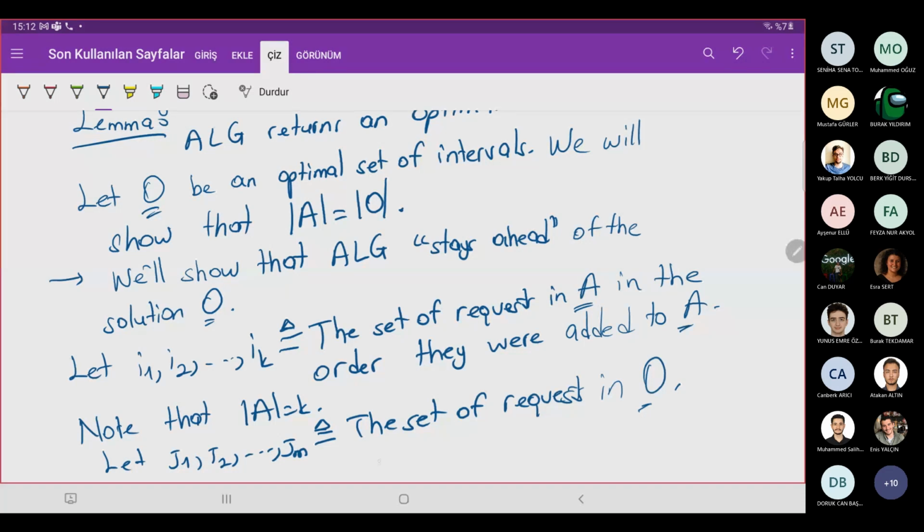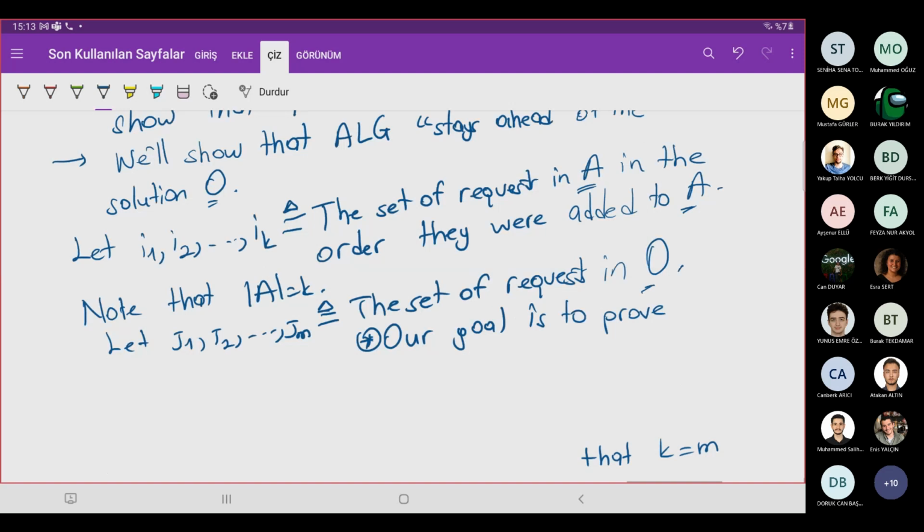Okay, our goal is to prove that K is equal to M. Okay, so it means that in the order that they were added, our algorithm gives the same number of requests as any other optimum solution, meaning that our algorithm is also optimum. Okay, so observation.